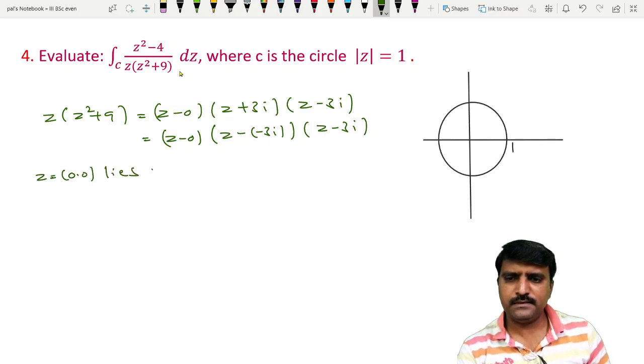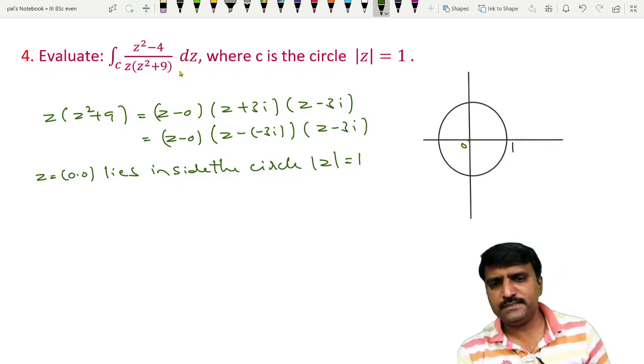Among these points, z is equal to 0 lies inside the circle. This is the point origin. So it lies inside the circle mod z is equal to 1.